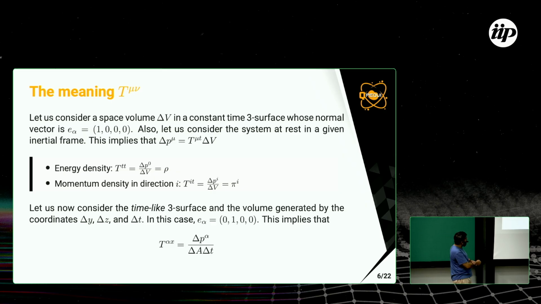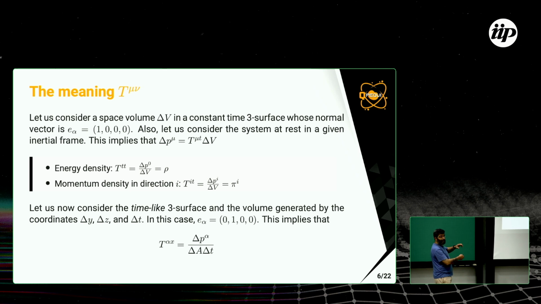So let us consider now a time-like surface. I just choose these coordinates, y and z and t, to make my three-dimensional volume in space-time. Do you understand that this is orthogonal to this volume?